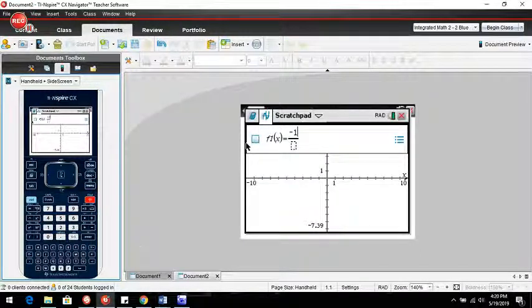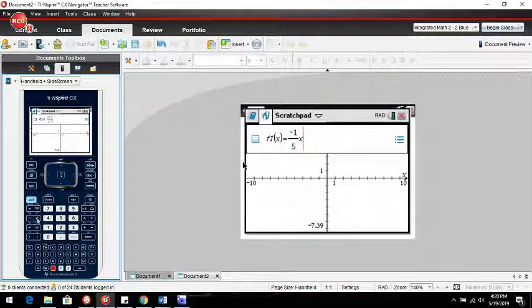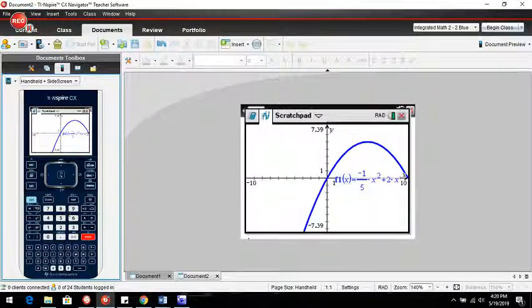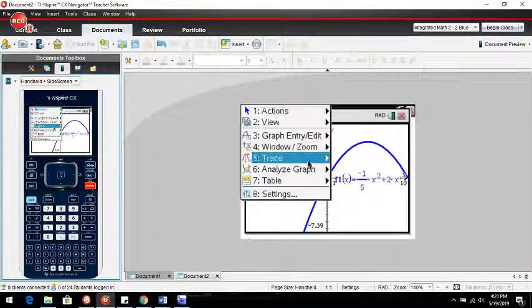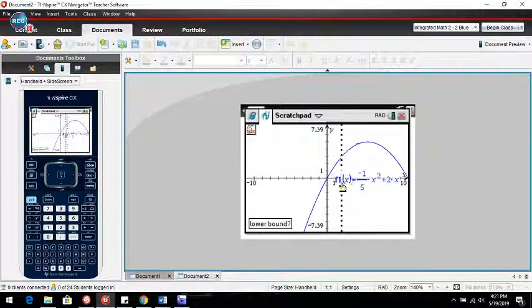Okay, now I could do the maximum, menu, analyze graph, maximum, dotted line to the left of the vertex, dotted line to the right.